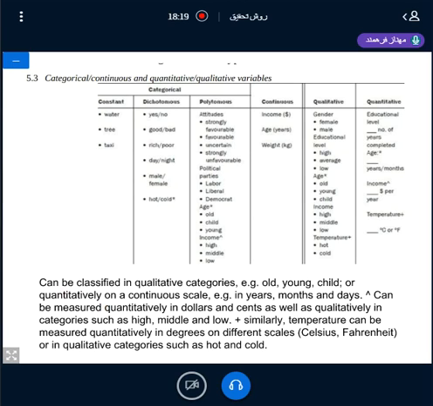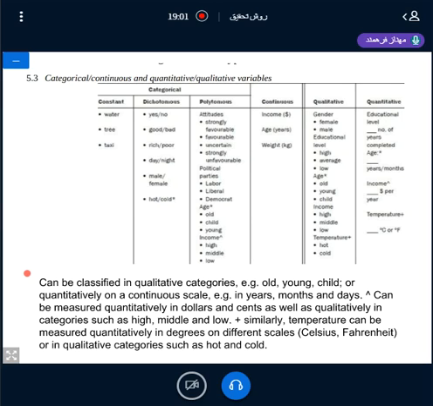And here in this picture you can see the types of variables. You can see each category. For example, table 5.3: categorical, continuous, and quantitative and qualitative variables.